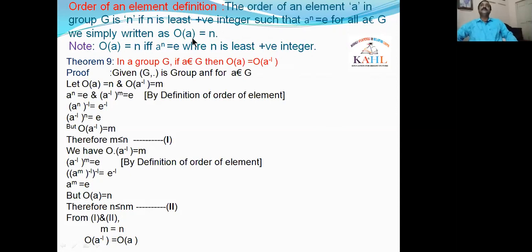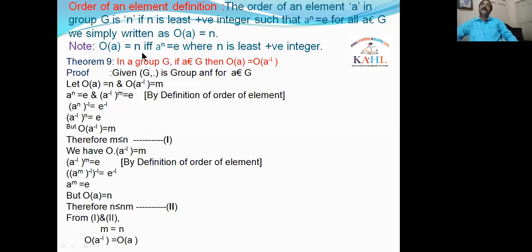That means we can write order of a, O(a) is equal to n if and only if a power n is equal to e, where n is the least positive integer.